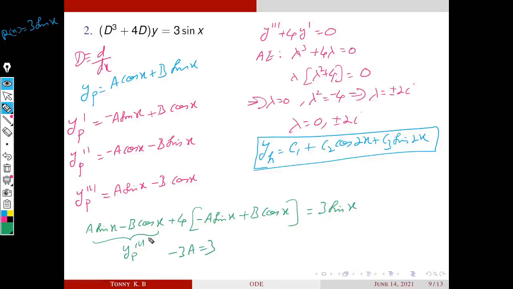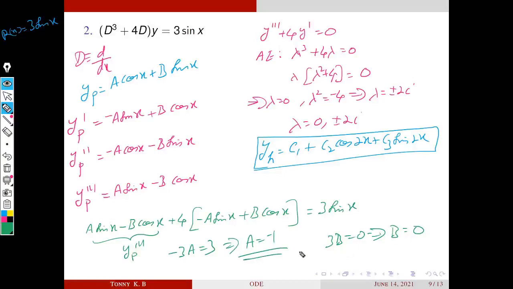And the LHS has one more term, the term containing cos x, which is minus b cos x and 4b cos x. So combining these two, this becomes 3b cos x. But on the RHS the coefficient of cos x is 0. So 3b equals 0. This implies b equals 0, and this implies a equals minus 1. So a equals minus 1, b equals 0.